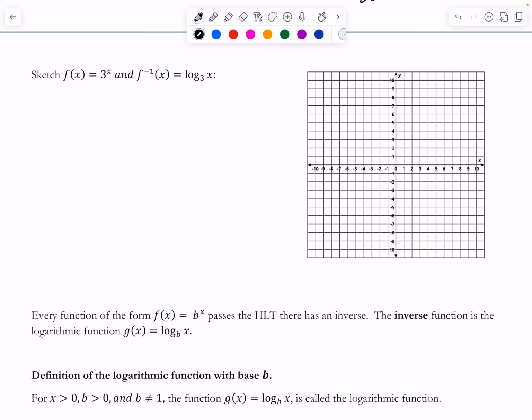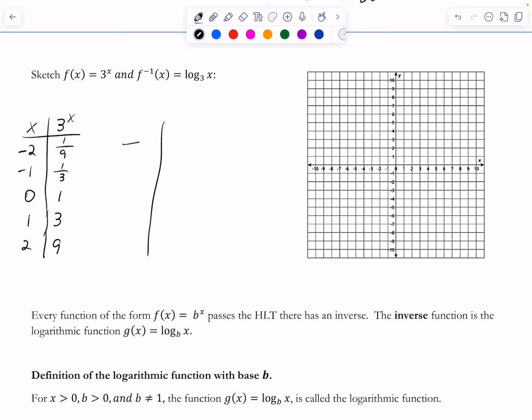I'm going to show you the process of how we do this, and then we'll practice one that has some transformations. First, I'm going to plot x and 3 to the power of x. So we're going to do -2, -1, 0, 1, and 2. So this is going to be 1/9, 1/3, 1, 3, and 9.